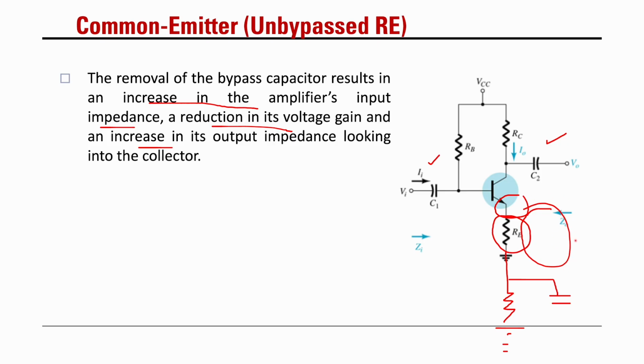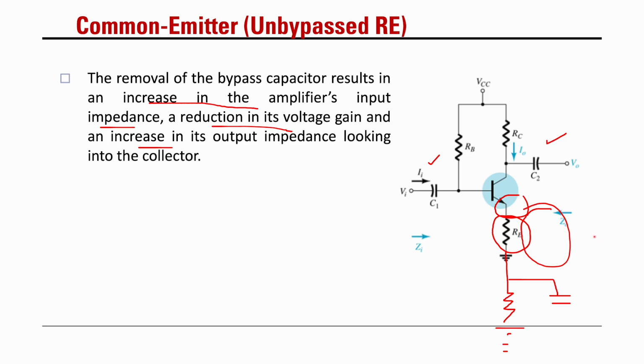If there is no short circuit, you have to consider the resistor at the emitter. We have removed the bypass capacitor, so as a result it has increased the amplifier input impedance, reduced its voltage gain, and increased its output impedance looking into the collector.